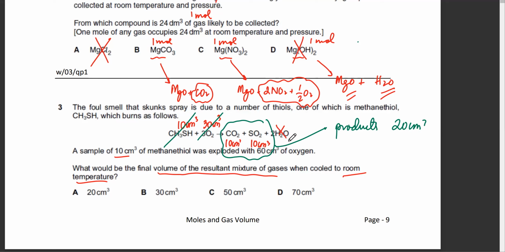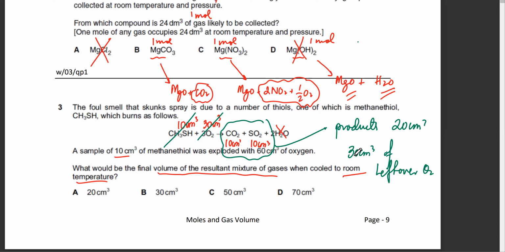But the amount of oxygen that he's adding is 60 cm cube. He's actually adding a lot more. Only 30 would react, so there's going to be 30 cm cube of leftover oxygen. He told us 10 cm cube is exploded with 60 cm cube, but you don't need 60. 10 cm cube would only react with 30.